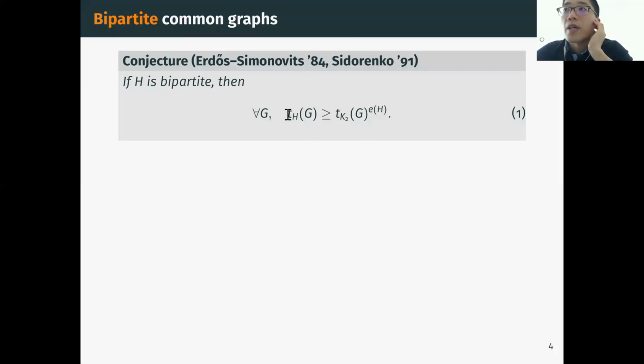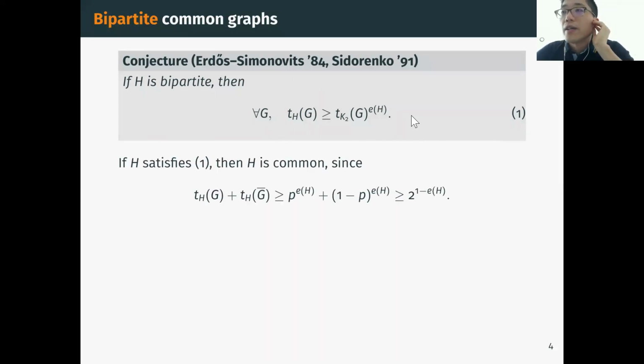This essentially means that my H count is lower bounded by the edge density to the number of edges in H. And there's a simple argument using this inequality that shows that whenever H satisfies the conjecture, then H is common. So here's the argument. Here I again use p for the edge density of G, and hence 1 minus p is the edge density for the complement. Then I have this lower bound, and it's essentially the same argument.